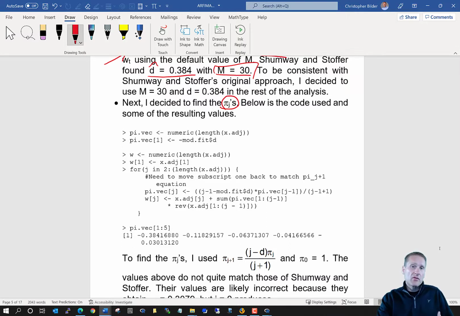So let's just find them ourselves. What I did here, I created a vector called pi.vect, and I'm going to put all the pi's in. The way I create a vector is I use the numeric function in R, and I want this vector to be as long as my data. So length of x.adj.